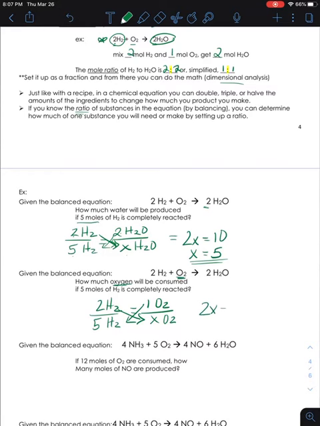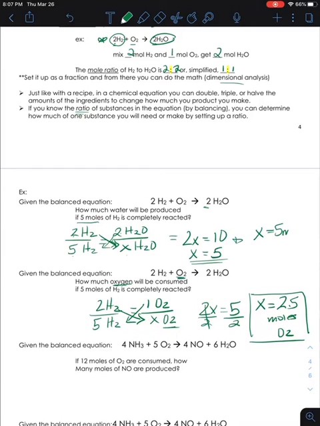You get 2x equals 5, and x is going to equal 2.5 moles. And again, we're solving for oxygen. So it's a good idea, just so that you can keep with the math, to have a unit for the number. Let me go back to the previous example. In that example, x equals 5 moles of what we were solving for, of water.